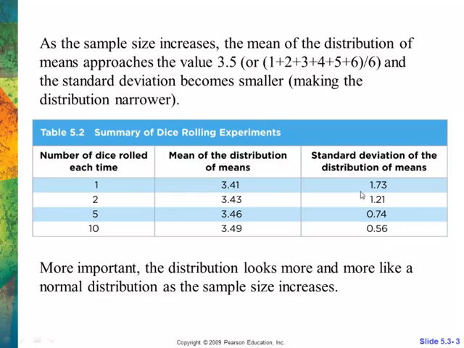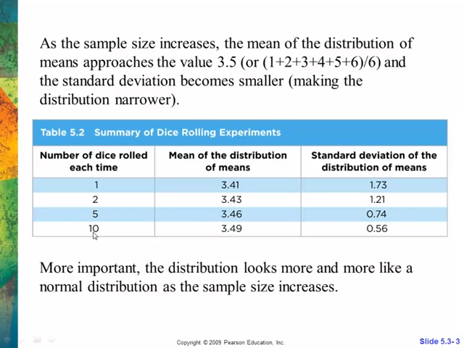As we can see here, they did one dice roll and got a mean of 3.41 with a standard deviation of 1.73. Then they took 2 dice and averaged those, and the mean of those means was 3.43, with a standard deviation of 1.21. Then with 5 dice rolls, they got a mean of the means of 3.46, getting closer and closer, with a standard deviation of 0.74.